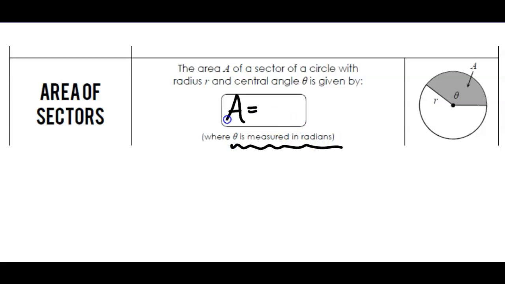And the formula is 1/2 r squared theta. Sorry. 1/2 r squared theta. Or 1/2 theta times radius squared, or r squared times theta divided by 2, etc. Okay? All kinds of different ways you could write it.